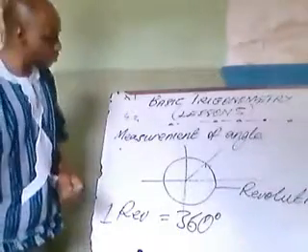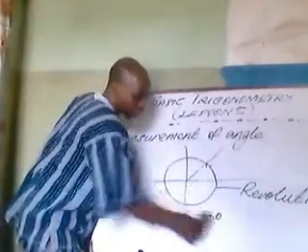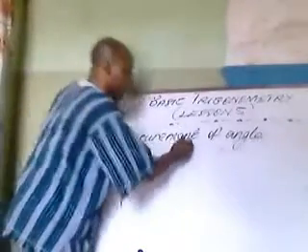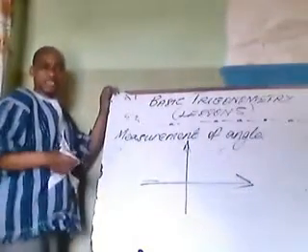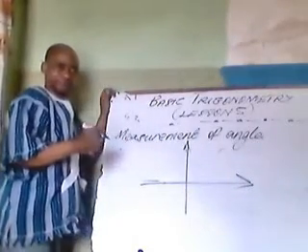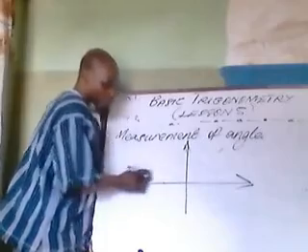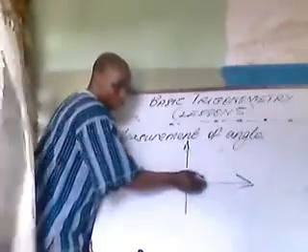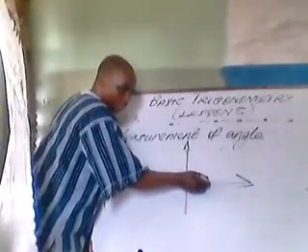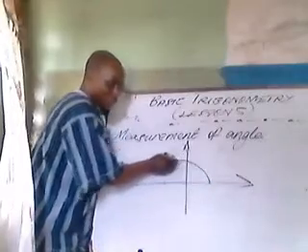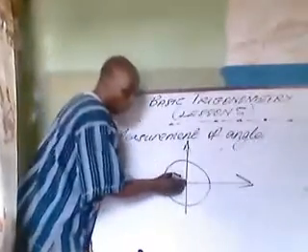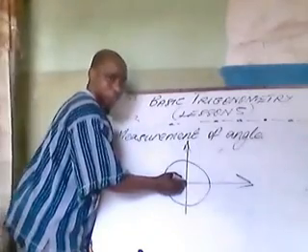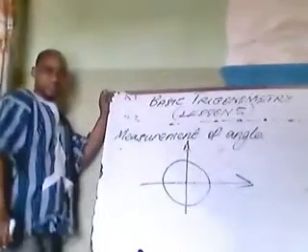Then one may also ask, what is radian measure? As I said earlier, once you take a certain amount of rotation, you are describing an angle. And by the time you make one complete revolution, you have described 360 degrees.